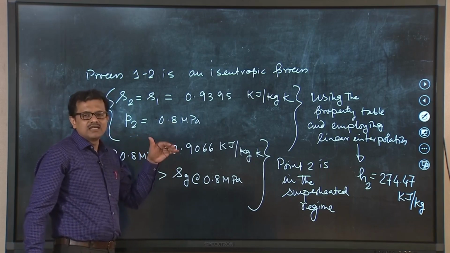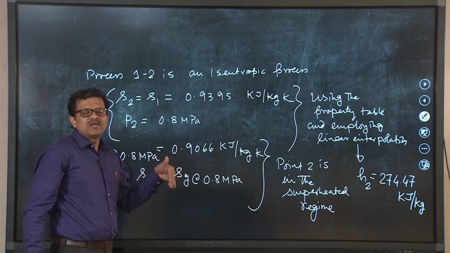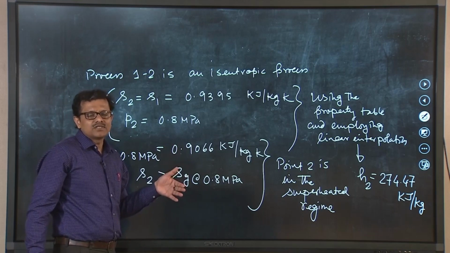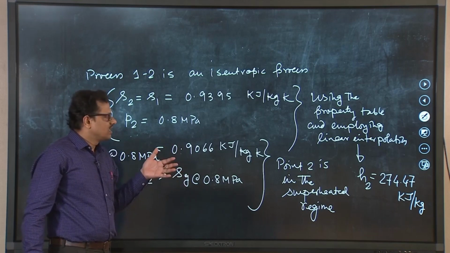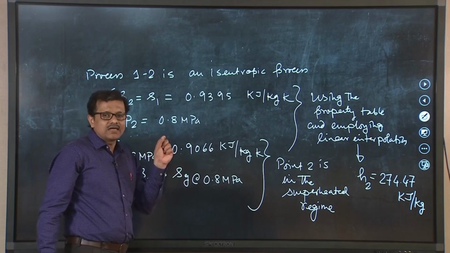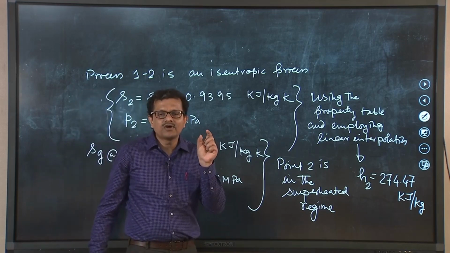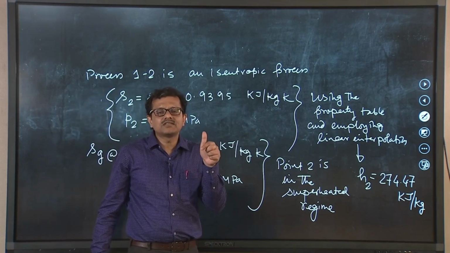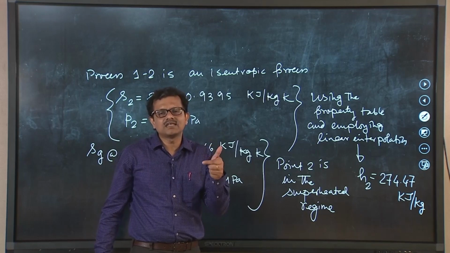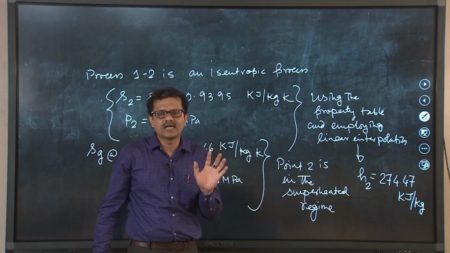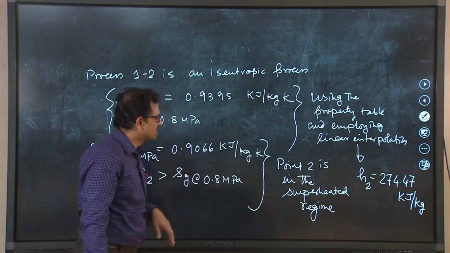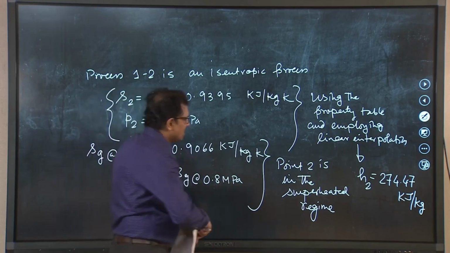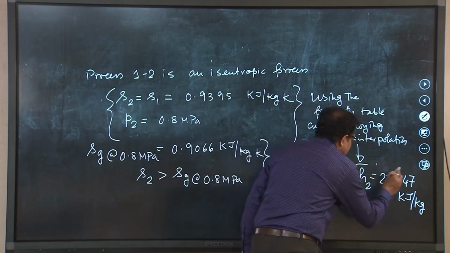For that it is a little tricky: we have to go for linear interpolation twice, because we need to take at least 3 different data points for which we can assume linear variation and calculate using linear interpolation theory. So, this is H2 for this particular case.